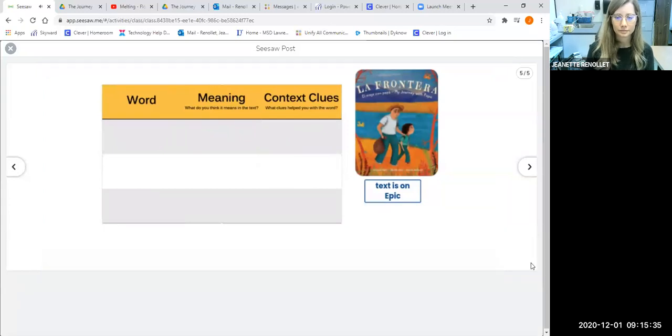Today, your task is determining the meaning of unknown words using your context clues. Today, we will use the text called La Frontera, which is on Epic.